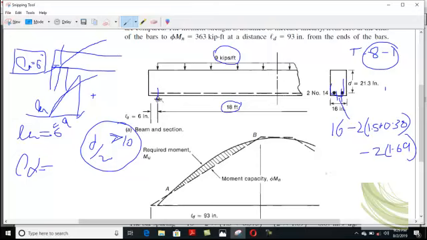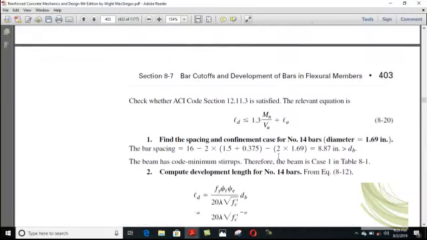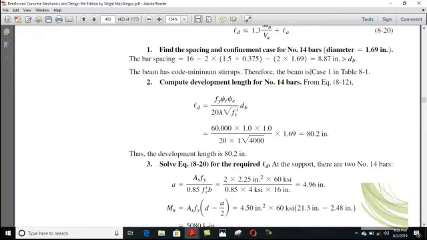If you do this calculation, it comes out to be 8.87, which is greater than db. So this is clearly case number 1 from table number 8.1.